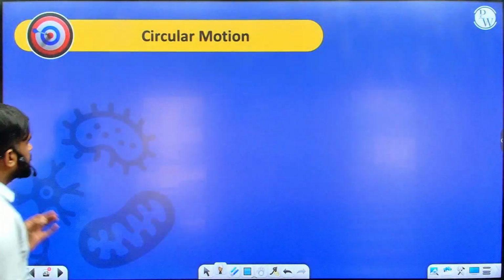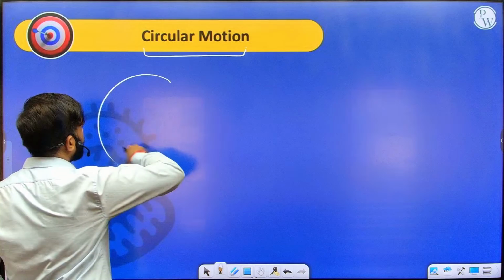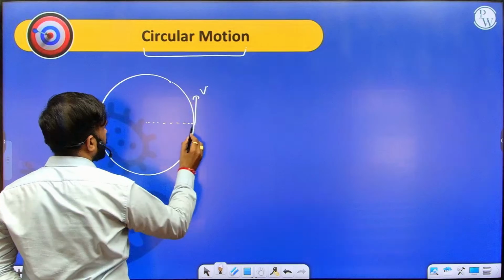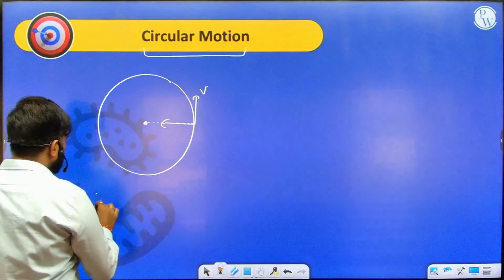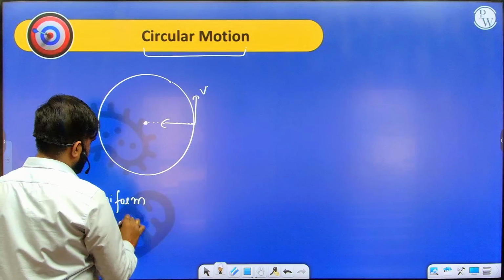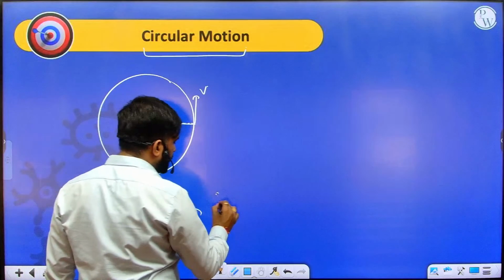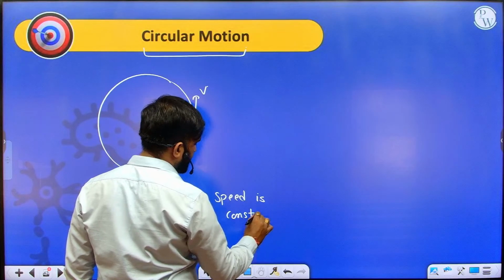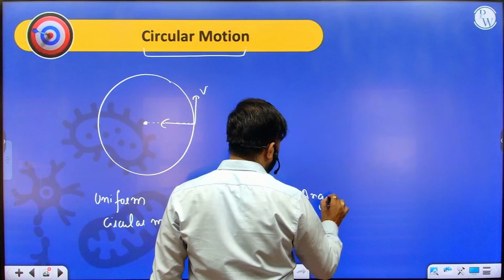Alright, the last part, the important aspects of circular motion. So in the circular motion, I know that whenever a body rotates in a circle, what are the accelerations and what is the relation between the accelerations? If it is a uniform circular motion, the speed must remain constant. If the speed is constant, the angular velocity must remain constant.